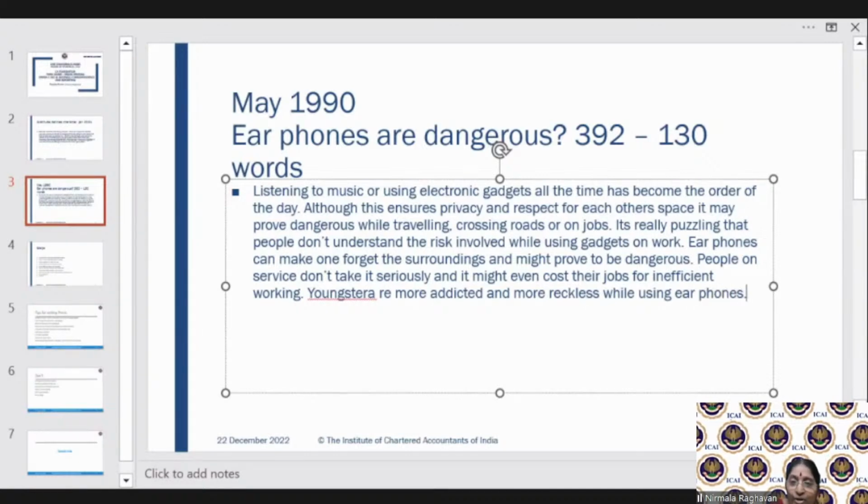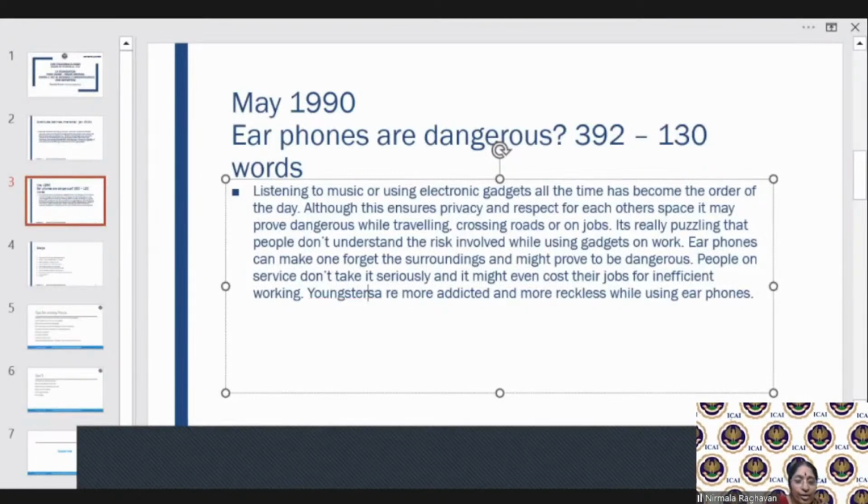Now let me see how many words there are. Okay, 1, 2, 3, 4, 5, 6, 7, 8, 9, 10, 11, 12, 13, 14, 15 words in a line. How many lines? 1, 2, 3, 4, 5, 6, 7 lines. 7 5s are 35. 105. I can have 130 words.